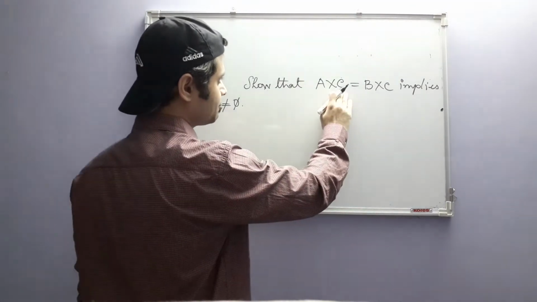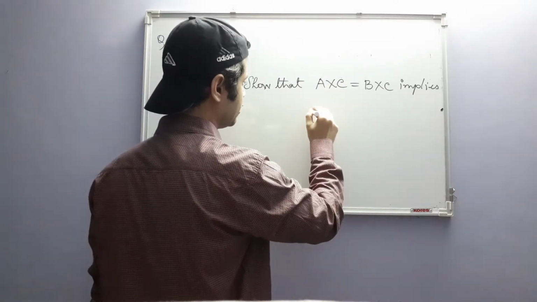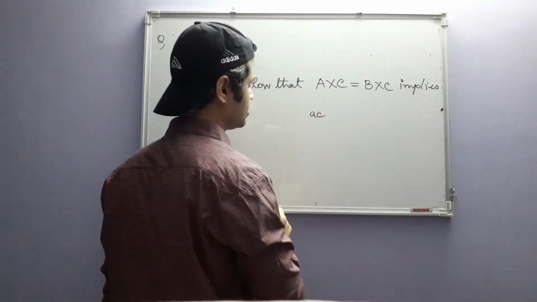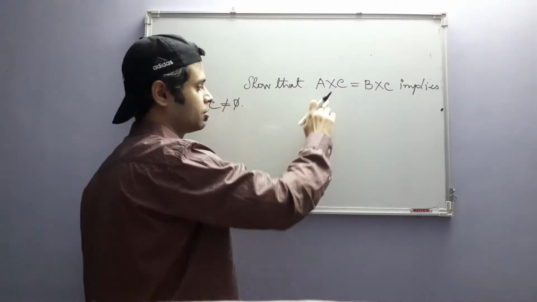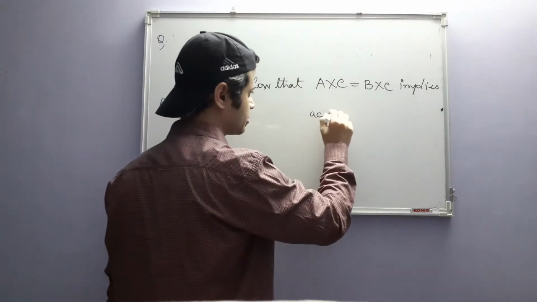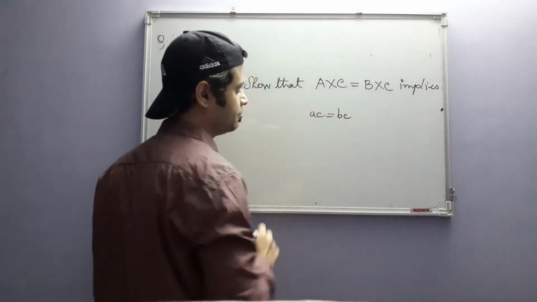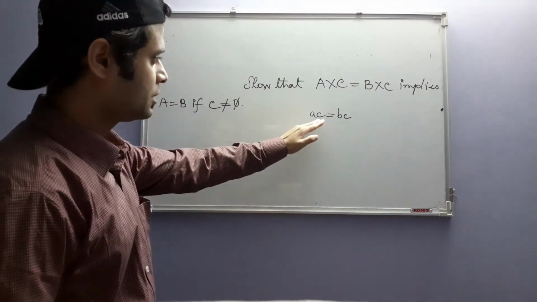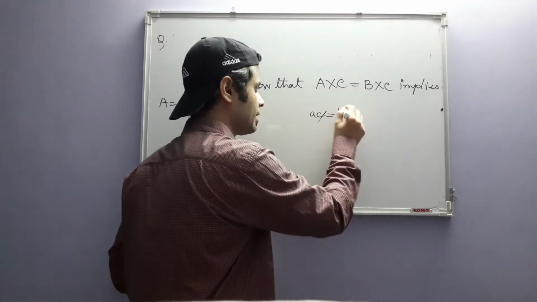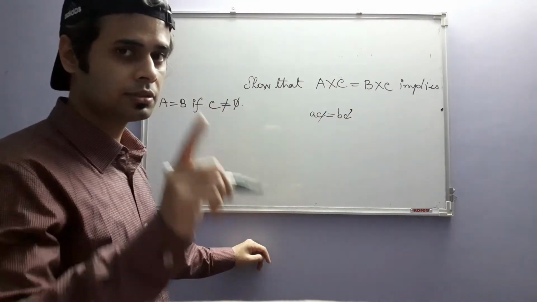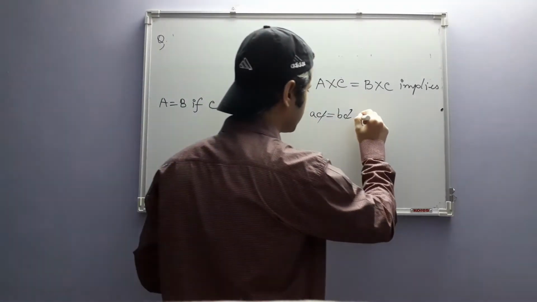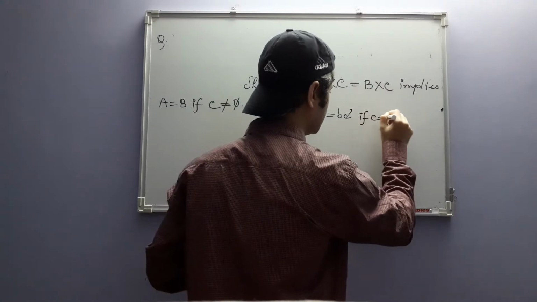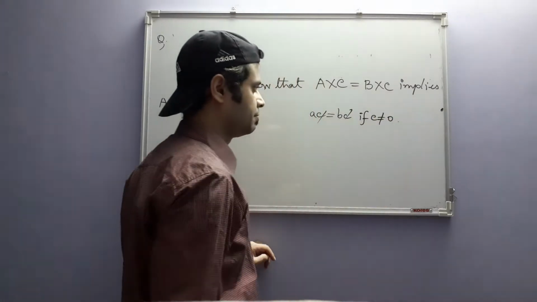If instead of these sets we had numbers like A and C, and instead of Cartesian product we had ordinary multiplication, BC, you then have a rule which tells you that you can cancel out C from both sides, provided C is not equal to 0.